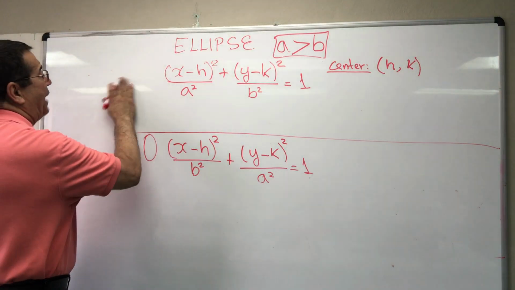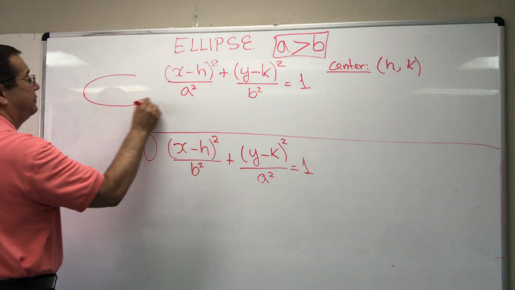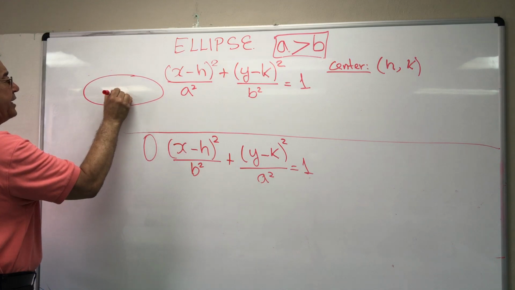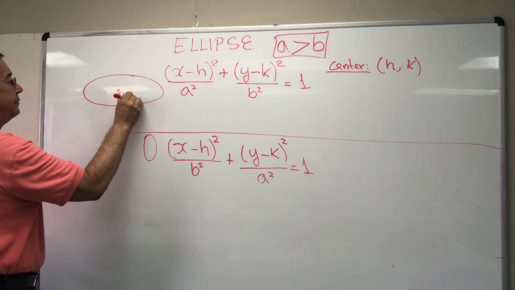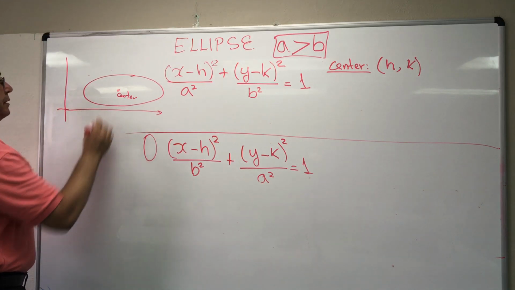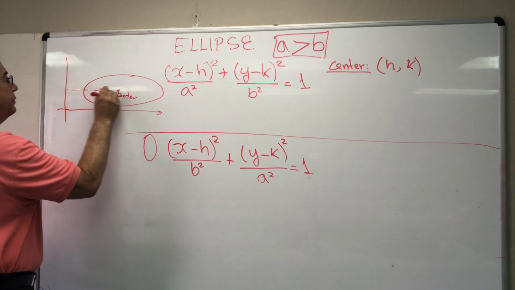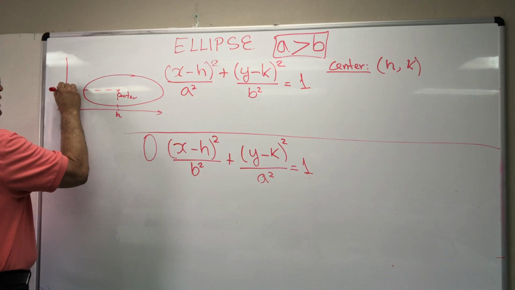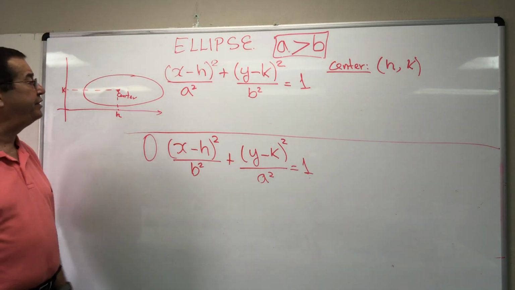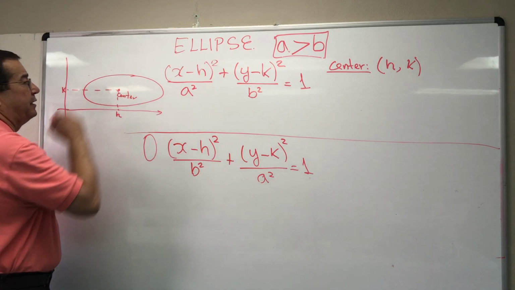If I have my ellipse like this, this is the center, the values h and k. That's the center of the ellipse.